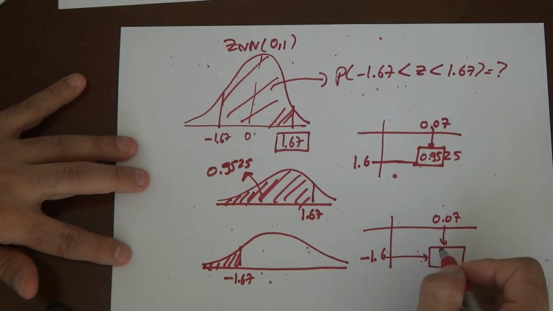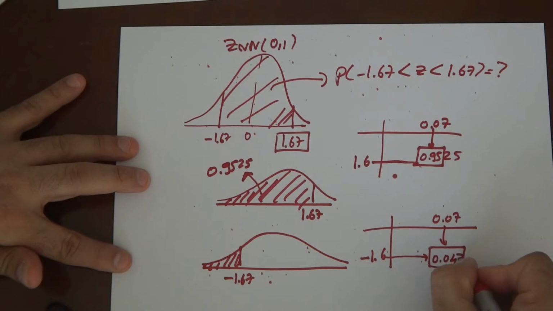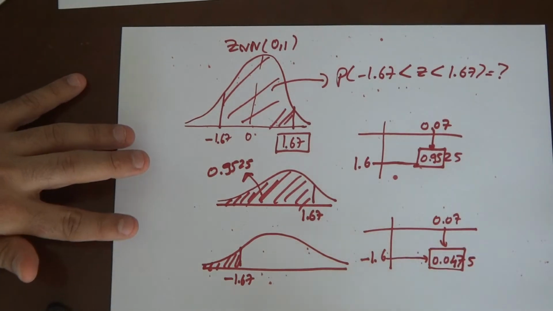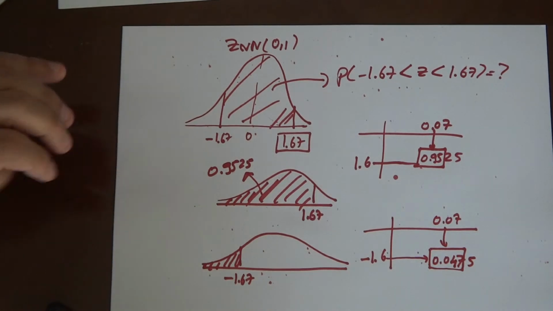That number is 0.0475. This is the area to the left of negative 1.67.